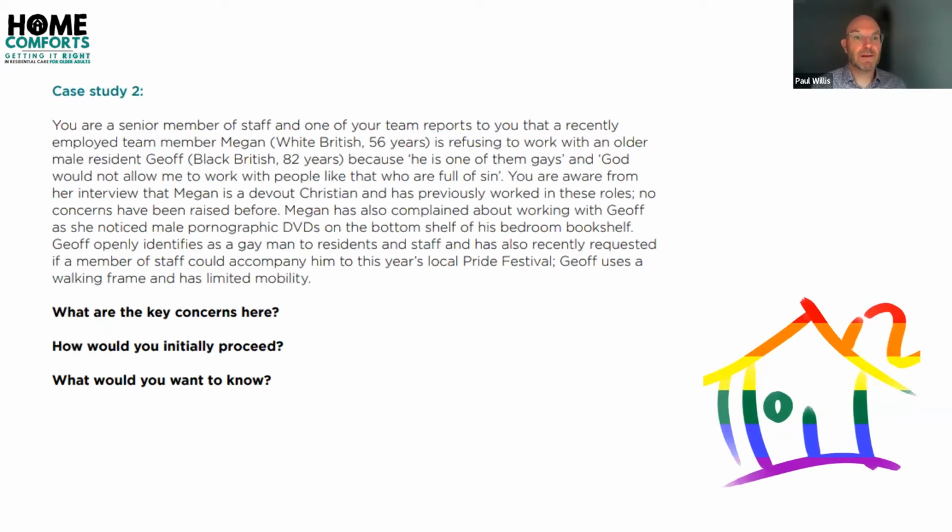And this particular case study is focusing on a member of staff who's refusing to work with an older male resident who they perceive as one of them gays. And in this particular case study, we wanted to bring to the fore some of the tensions between strong fundamentalist religious views that some care home staff may hold about sexuality issues that may get in the way of them providing a really person-centered and inclusive service to residents, including LGBT residents.